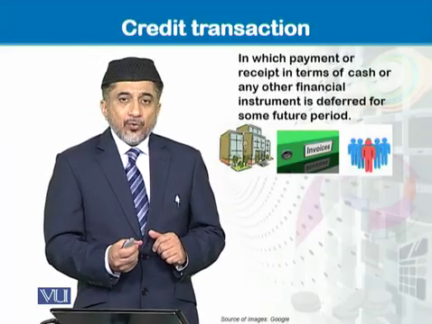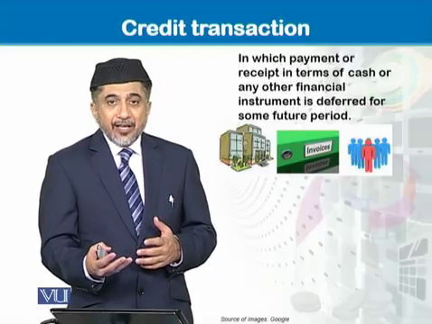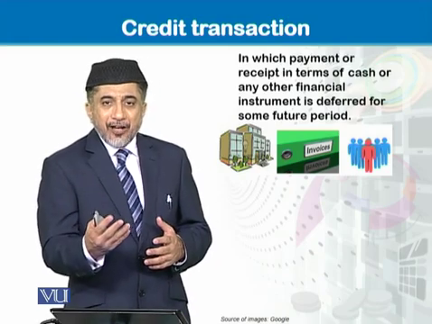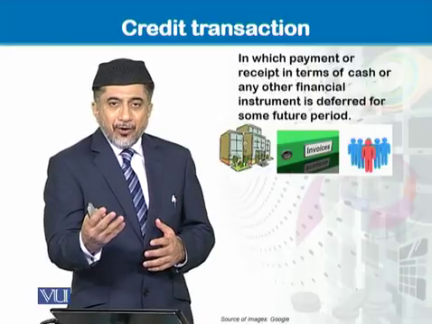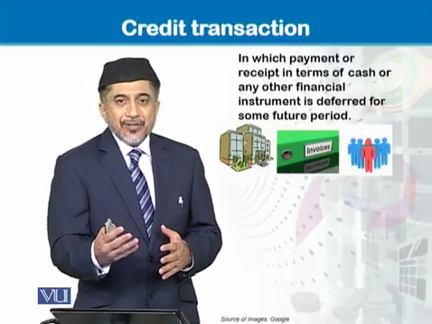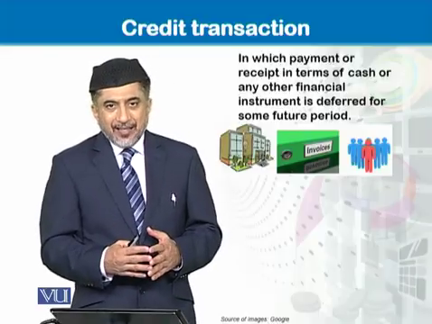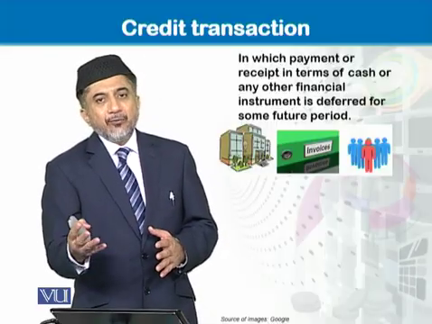You might witness any transaction in your daily life in which supposedly you have bought your food from a restaurant and asked for a credit of a day or two or a week, that you will make payment for that food after a week.